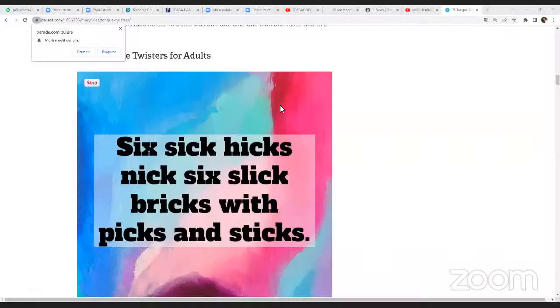Give me a second. All right, so the point of the tongue twister is that you have to do it as fast as possible. So: six thick sticks, six sleek slick sticks.